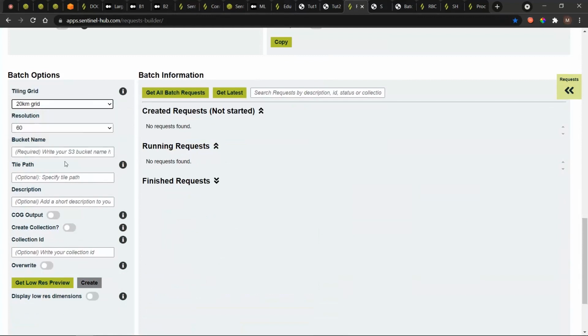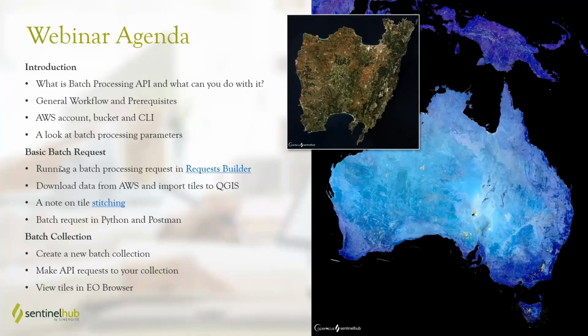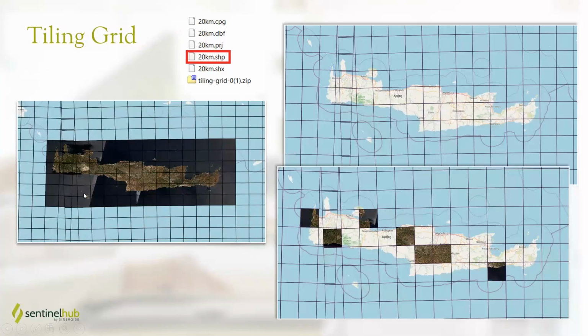Let me just quickly show you how this looks in QGIS. In QGIS, you can see that we have imported the 20 kilometer tile grid over the Crete region. Then we added a couple of tiles with the Crete process, and you can see that it is a perfect match. Each tile matches perfectly the grid tile.